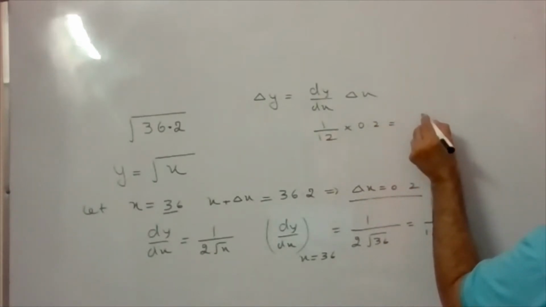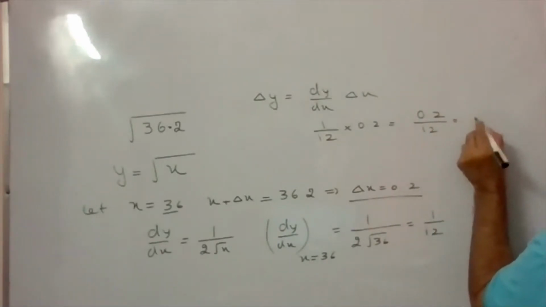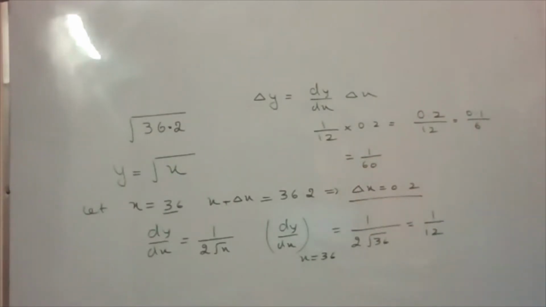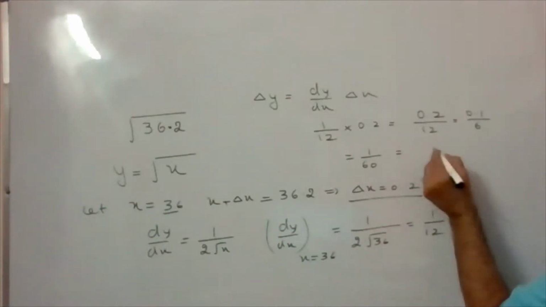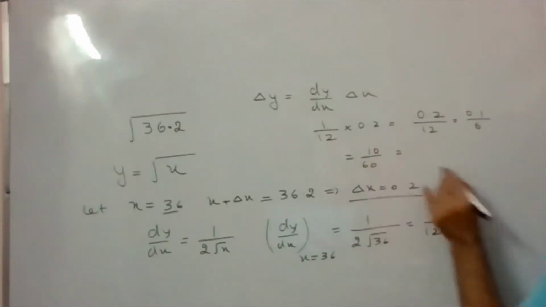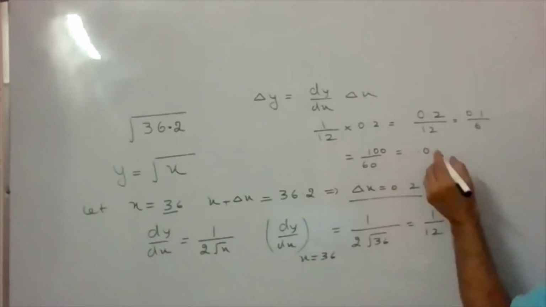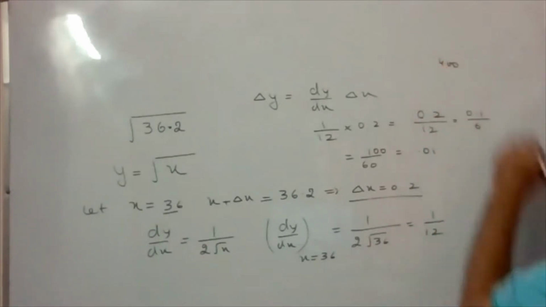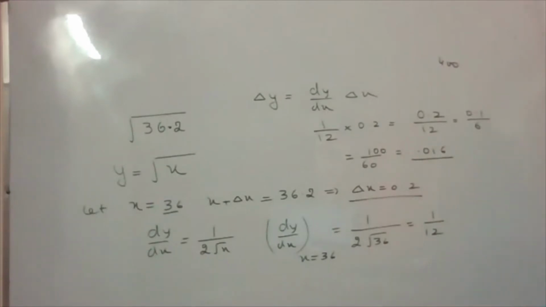So it comes out to be 0.2 by 12, that means 0.1 by 6, or I should say 1 by 60. Solve it please, what does this value come to. So 0.016 is the error we have, delta y.